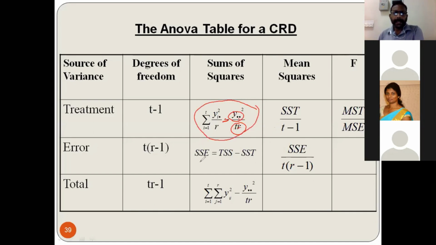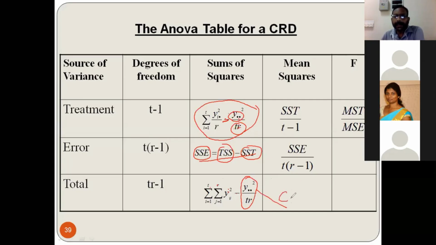Right. The sums of square of error is simply calculated as total sums of square minus sums of square due to treatment, SST. So this is SST. This is the total sums of square. So total sums of square is given as the double summation of Yij square, where i is from 1 to T, j is from 1 to R, minus again the grand total square divided by TR.